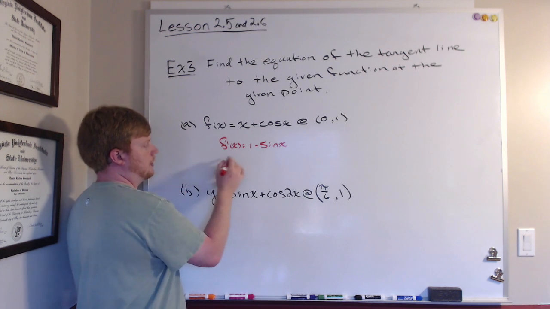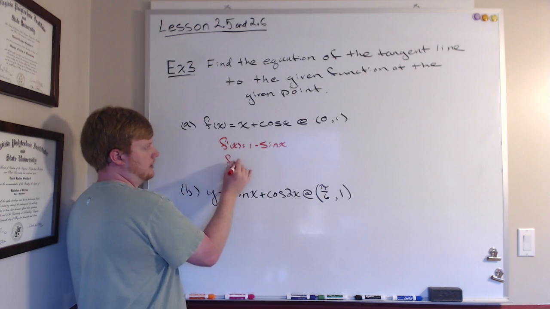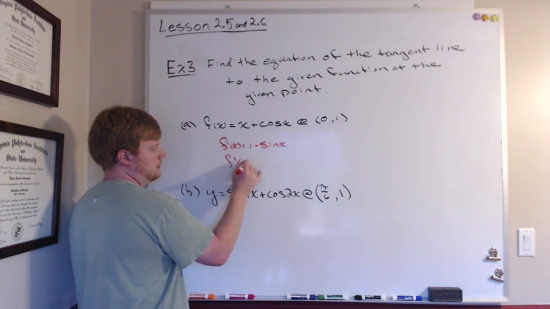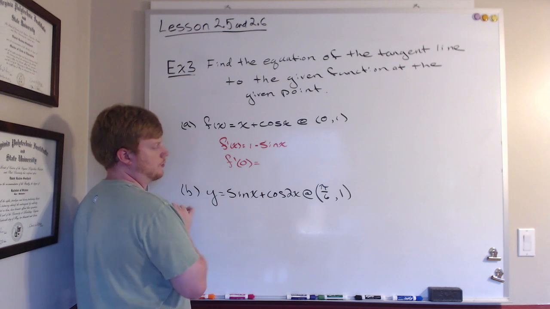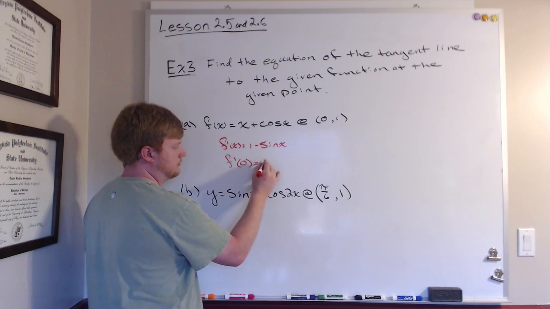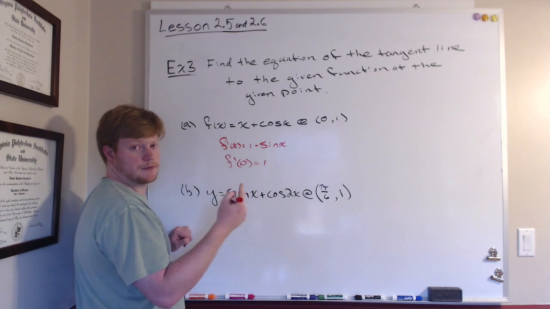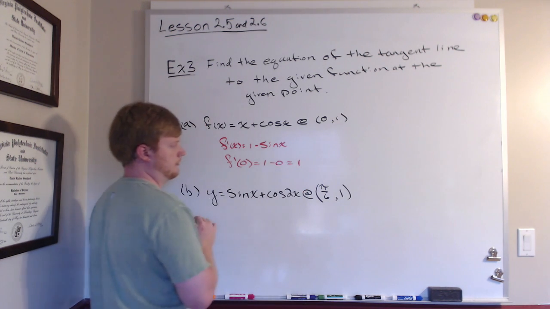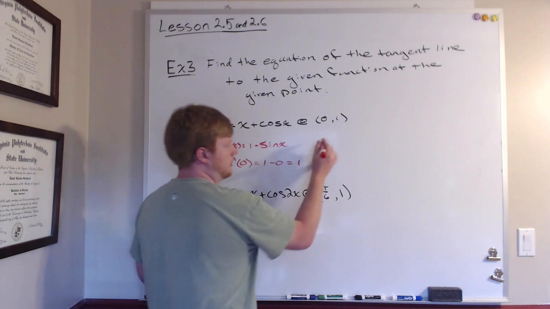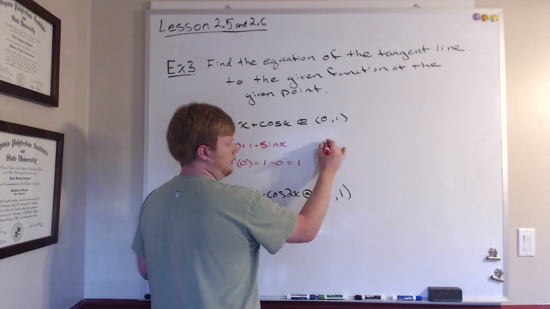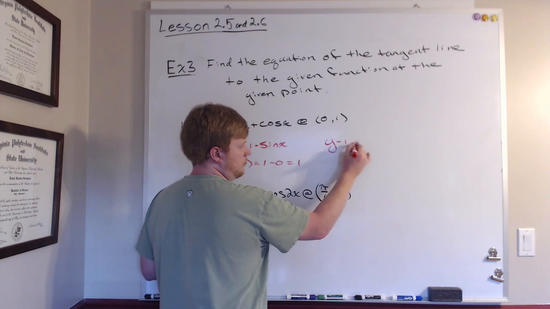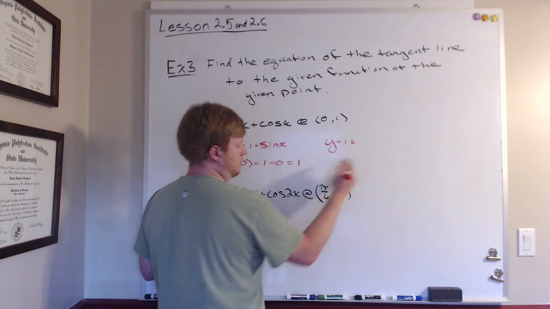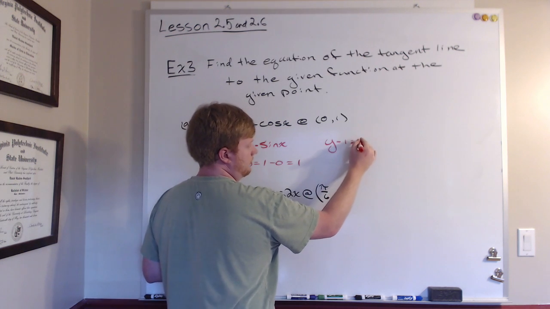Okay. And then I want to know what the slope is at 0, 1. So when x is equal to 0, sine of 0 is 0. Okay. So my slope is 1. So the equation of the line, y minus 1 equals x.